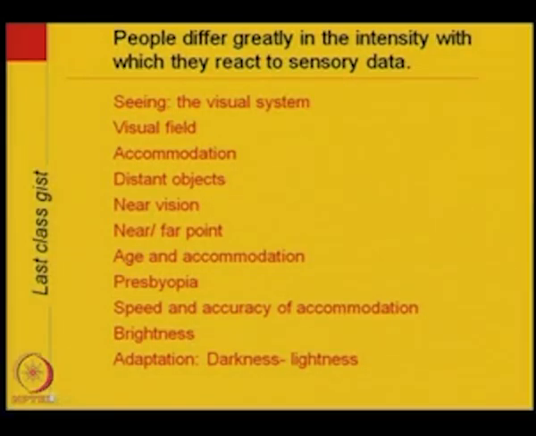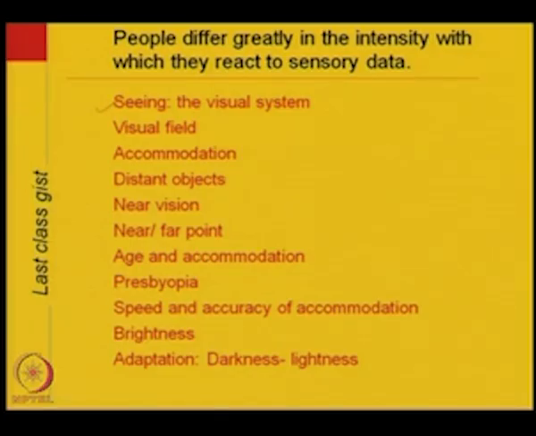In the last class, we discussed that people differ greatly in the intensity with which they react to sensory data, specifically visual information. Just to recollect, we discussed seeing, the visual system, the eye structure and eye matter.